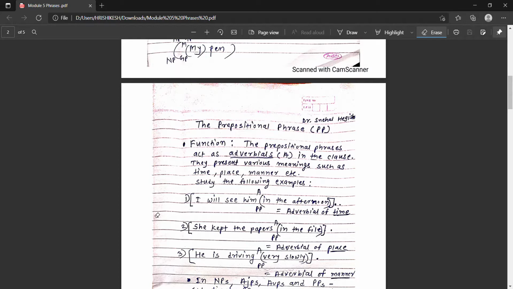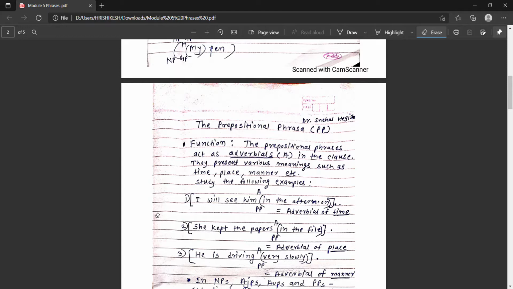Because it is a prepositional phrase. Why is it a prepositional phrase? Because it begins with the preposition in. So prepositional phrases begin with a preposition. And what is the 100% function of the prepositional phrase? Prepositional phrases function as an adverbial.